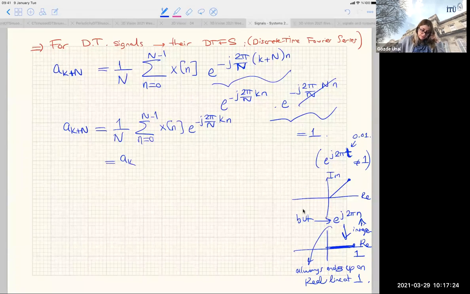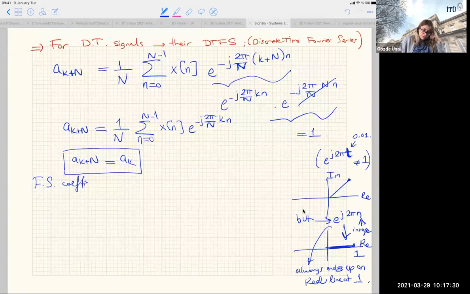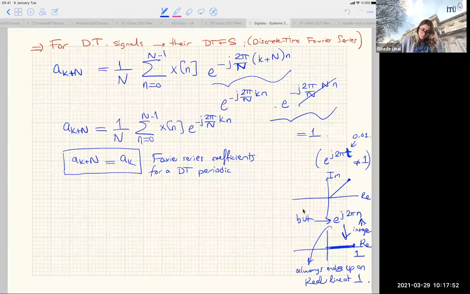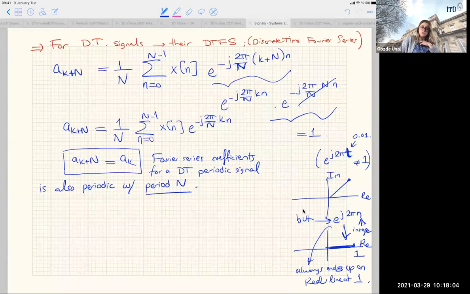This is telling us that the Fourier series coefficients for a periodic discrete time signal are also periodic with the same period, period N. This is important because it's really nice.